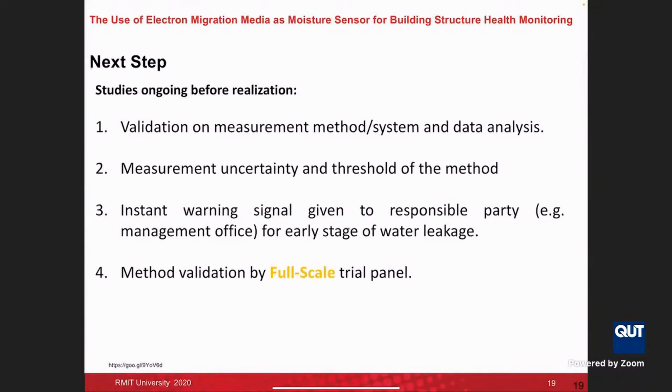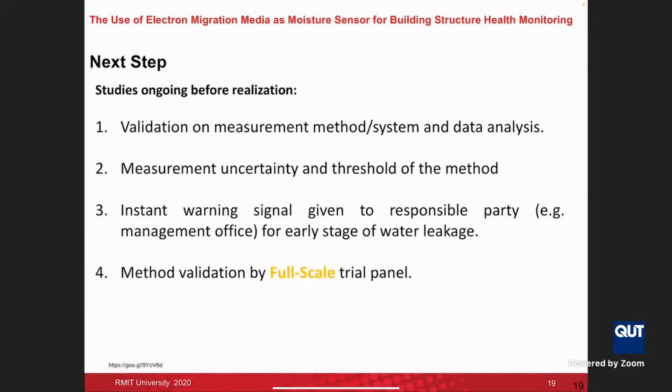In the next stage, we're trying to run more tests on the EMM panel to validate the method. Also, we have to determine the uncertainty and the threshold of the method, because we have to know the degree of moisture needed to trigger a change in the impedance of the EMM.